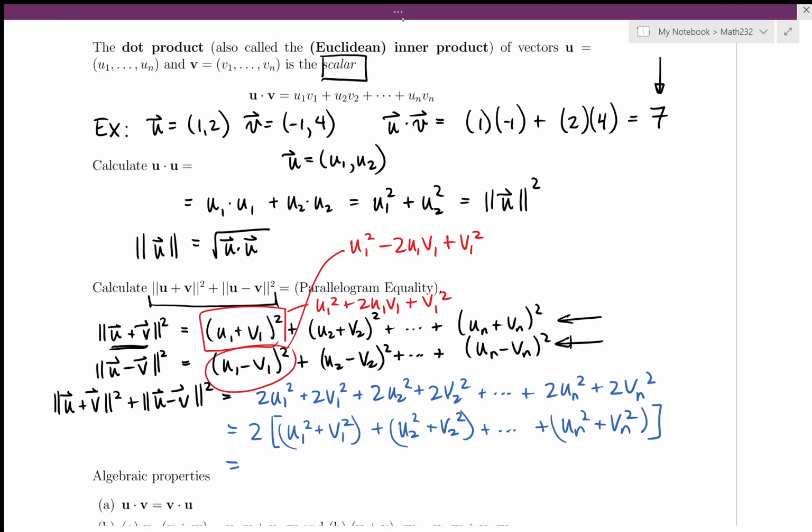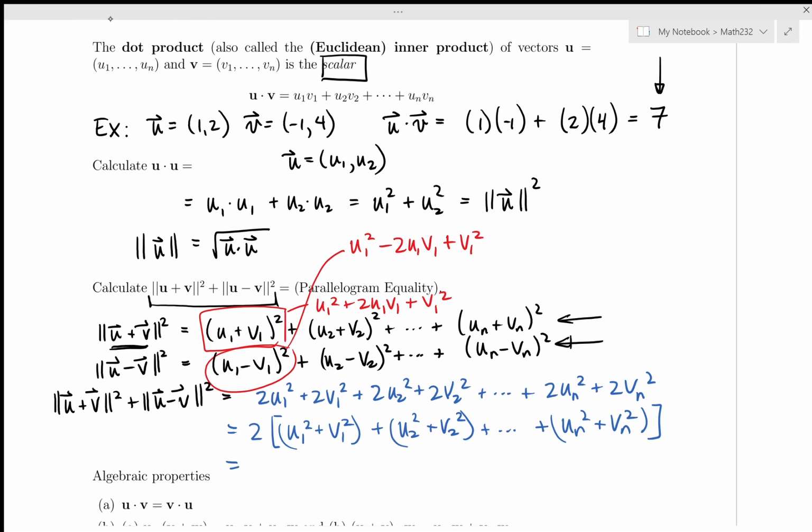Now I'm going to be considering this one and this one and this one like that, and I'm saying that that is going to be 2 times, that's the 2, and this u1 squared plus u2 squared plus u3 squared, that is the norm of u squared, and the other one is the norm of v squared.